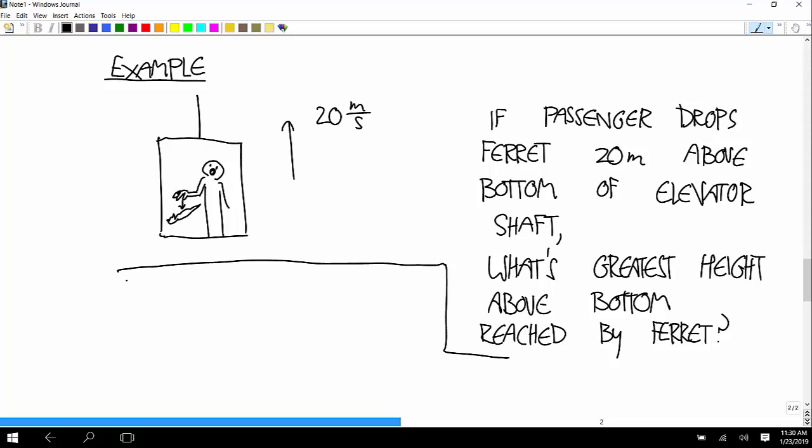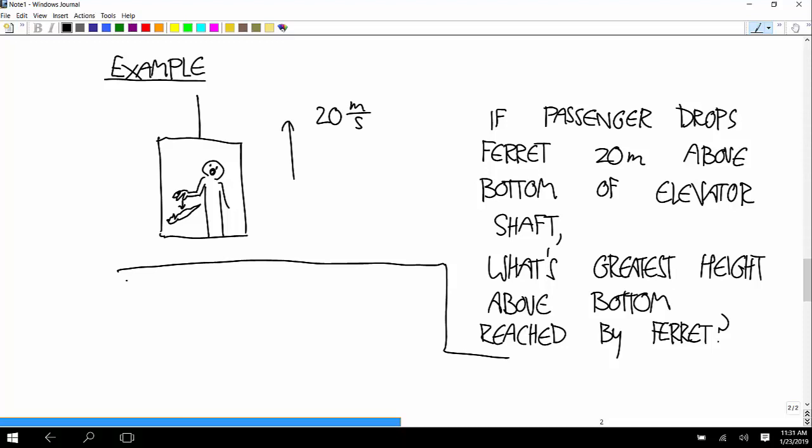Okay, so first let's make sense out of what's happening here. So I think for a lot of people, your intuition before you start analyzing this mathematically is, well, this guy drops the ferret, it just falls down to the floor of the elevator, and so the highest point the ferret ever reaches is 20 meters, right?